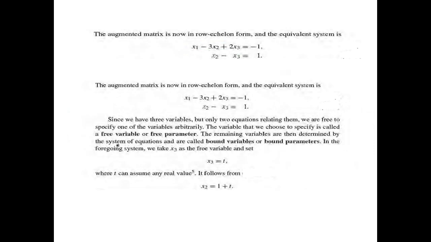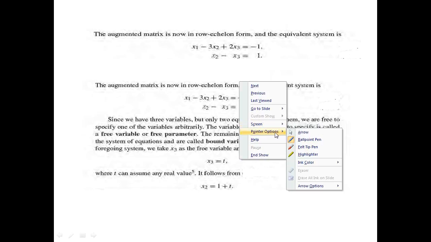In the last example, how many unknowns? 3. So n is 3, 3 minus 2 equals 1. So how many free variables here? There is only one free variable, that is x3.